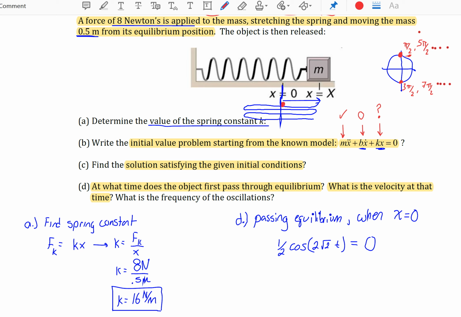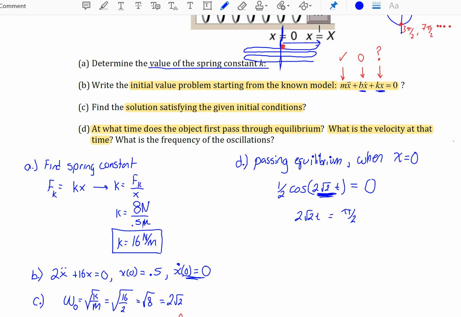So the only way that this is going to end up equaling 0 is if somehow you're doing the cosine of pi over 2, which means somehow this has to be pi over 2. So let's take the argument 2 root 2t and ask, when is this equal to pi over 2? Of course, if we divide both sides by 2 root 2, then we should get t is equal to pi over 2 divided by 2 root 2.